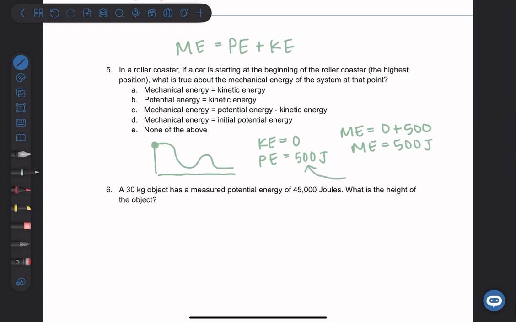So that means the potential energy and the mechanical energy are equal at the beginning of the roller coaster. So if we look at the options, D will match. Next one.